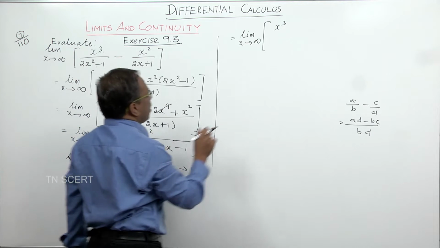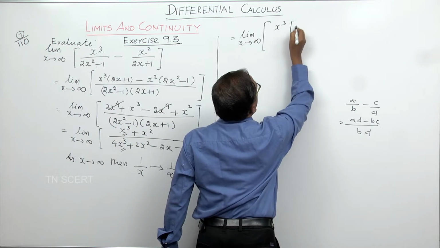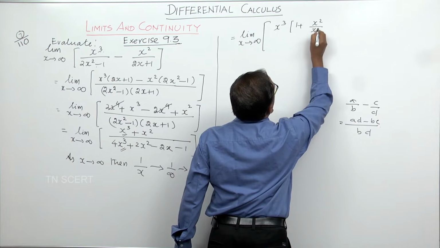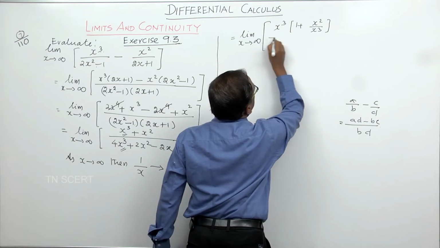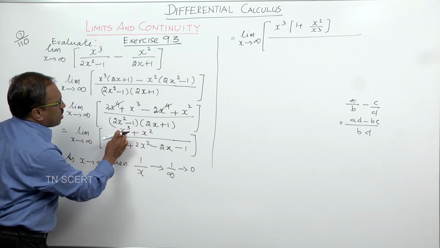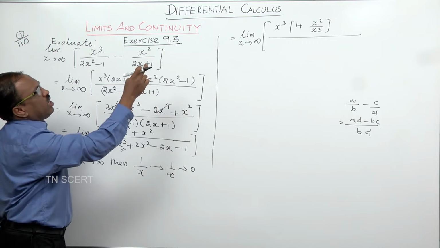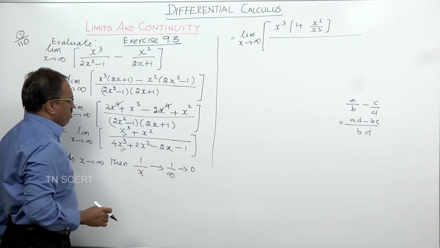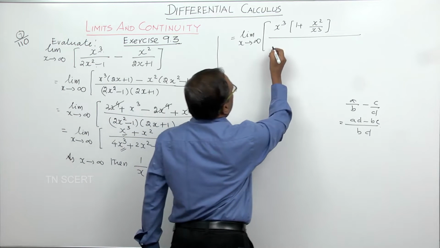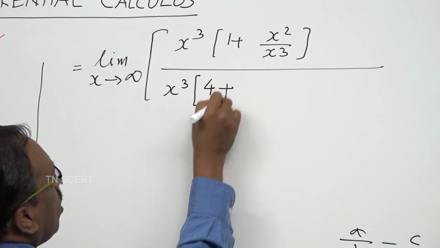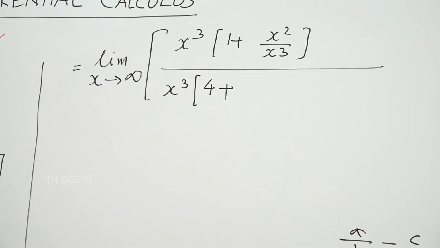If I take x cube as common, that is 1 plus x square by x cube, remember, in the numerator. So, I have taken x cube as common in the numerator: x cube bracket 1 plus x square by x cube. Here also I wish to take x cube as common. So, the first term involves only 4, 4 and x cube is x cube.